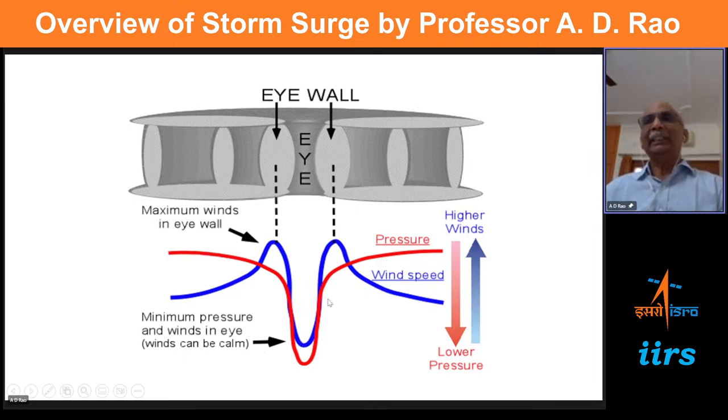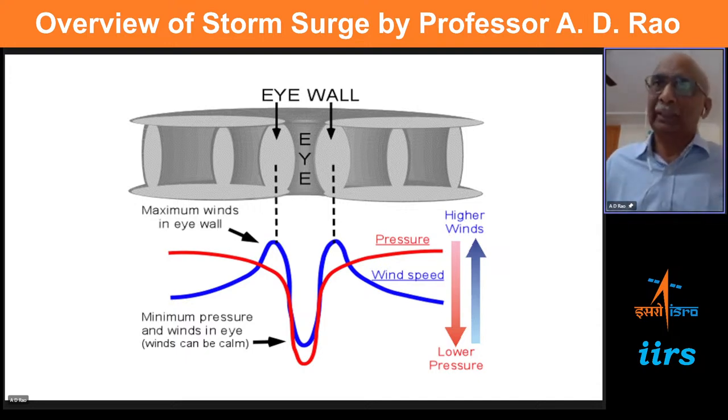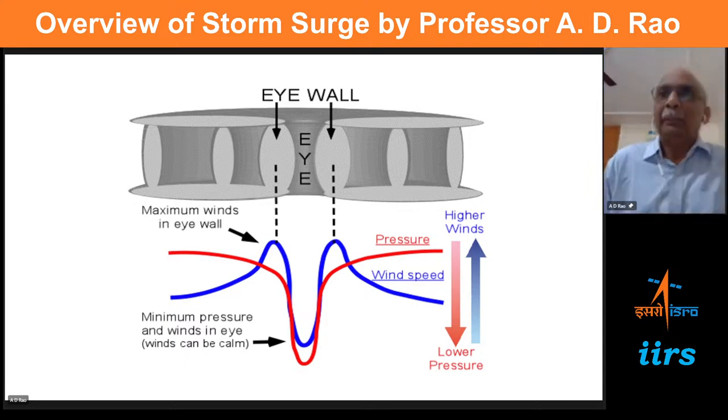The maximum winds occur at a particular distance from the eye of the cyclone. This is called the radius of maximum winds. This is of course the diameter, but if you take half of that, you get the radius of maximum winds. Roughly, the radius of maximum winds will be about 30 to 50 kilometers for any cyclone.